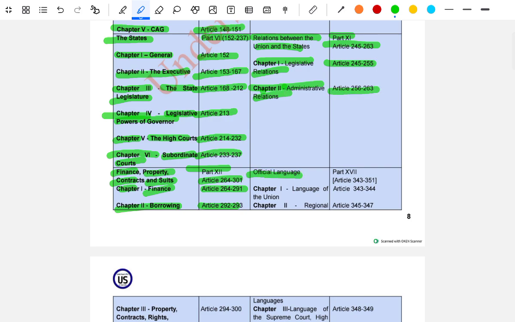Official Language, Part 17, Article 343 to 351. Chapter 1, the Language of the Union, Article 343 to 344. Chapter 2, the Regional Languages, Article 345 to 347.